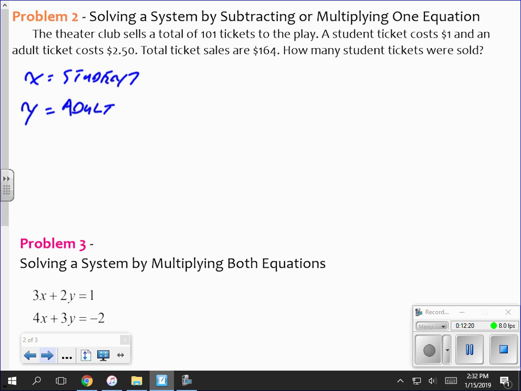How many tickets were sold altogether? No, that's how much money. How many tickets? 101 tickets. They sold 101 tickets. That means X plus Y equals 101.